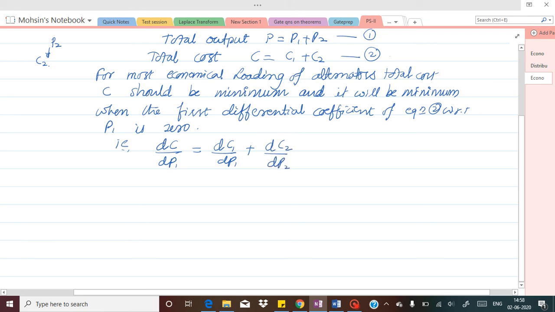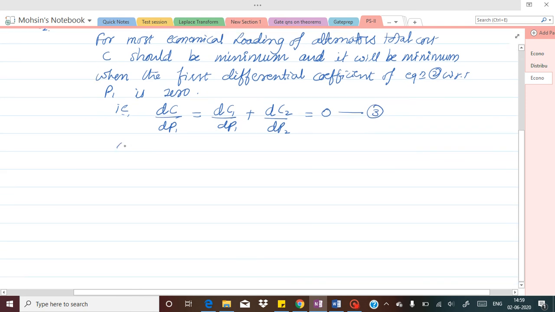Okay, so now let me indicate that this value should be equal to 0. This is equation number 3. So we can rewrite this equation as dC1 by dP1 equal to, by taking dC2 to the other side, so it will become negative, minus dC2 by dP1.